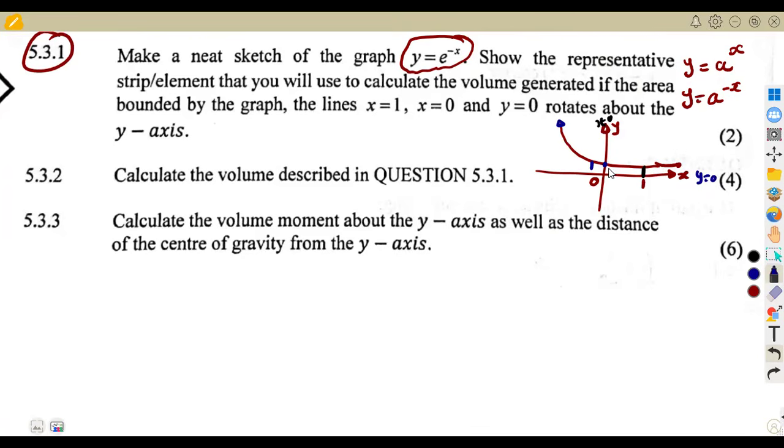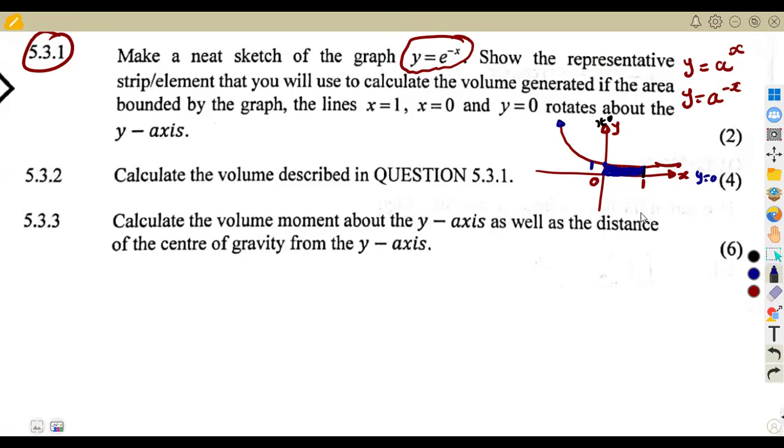So the area we're talking about is here, bounded between the x-axis, the y-axis and the line x equals 1.